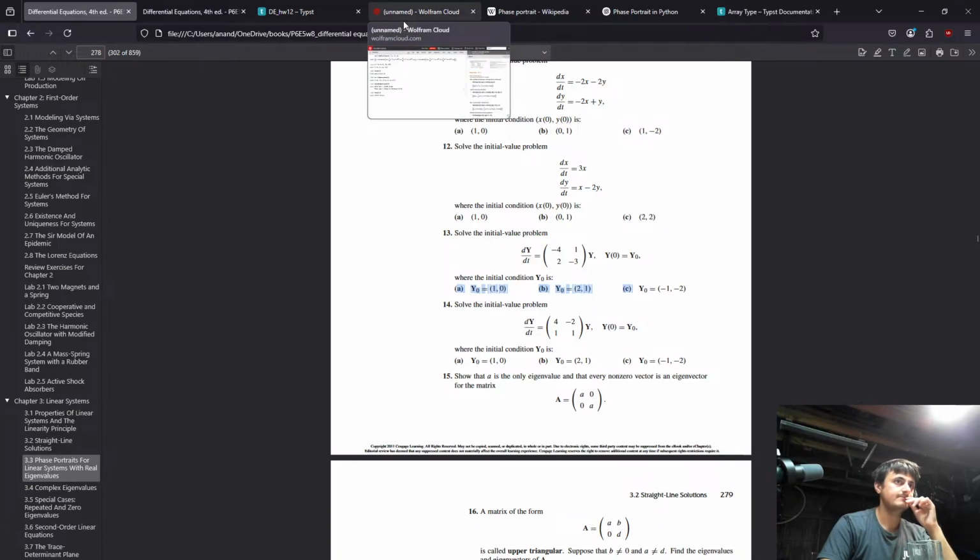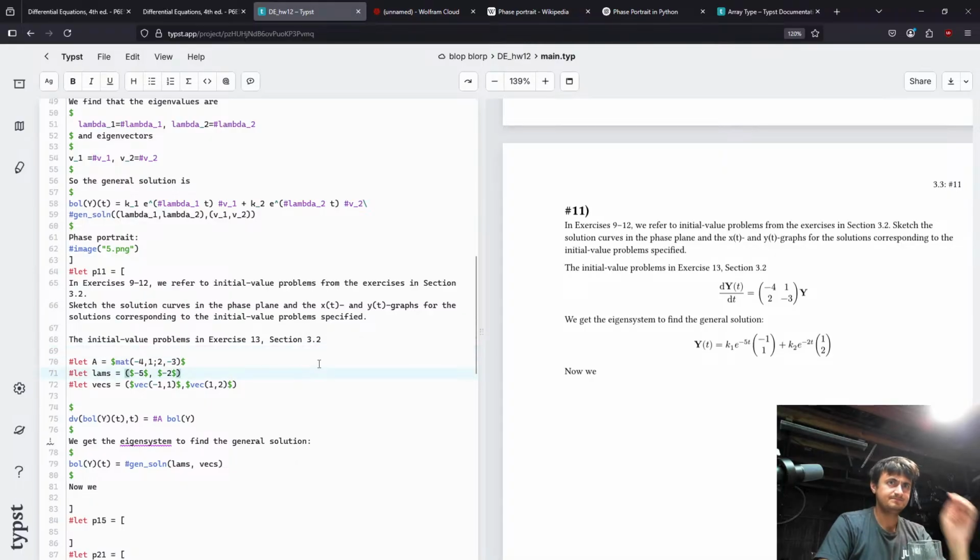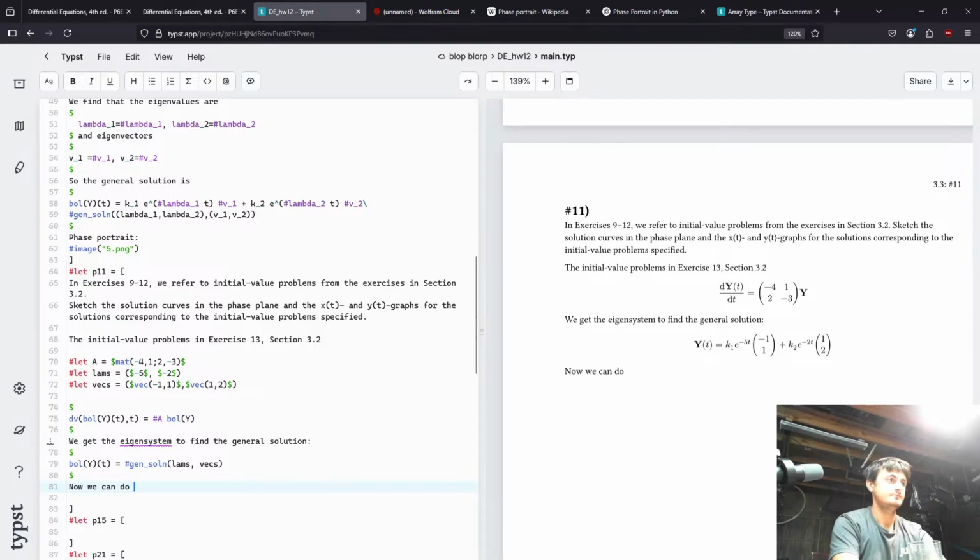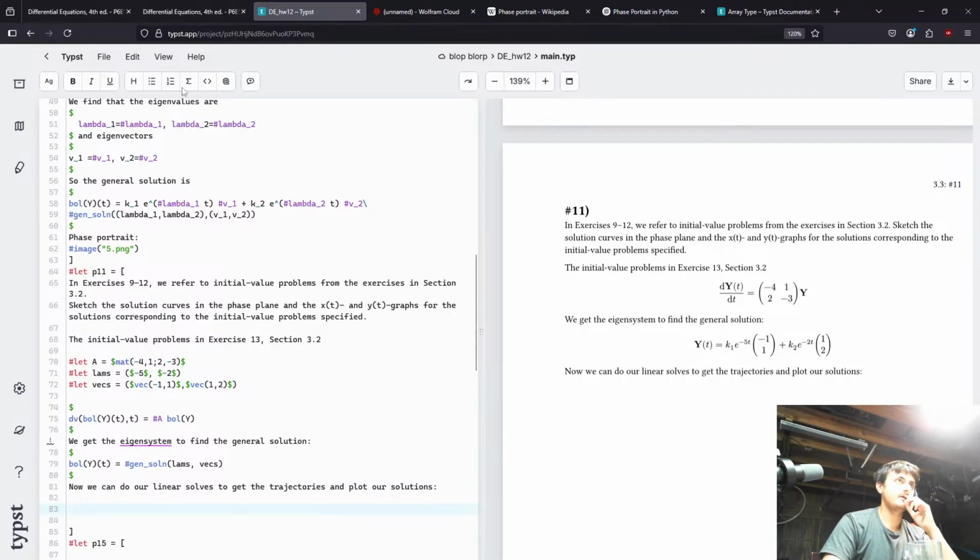So why are we doing this? Maybe just for the practice. So we have the general solution. Now we can... We don't even need to do this. Okay.